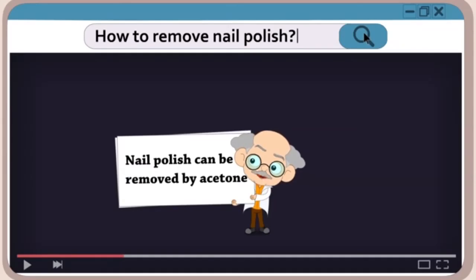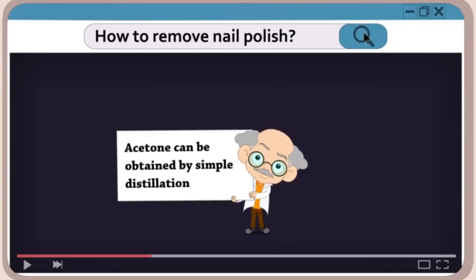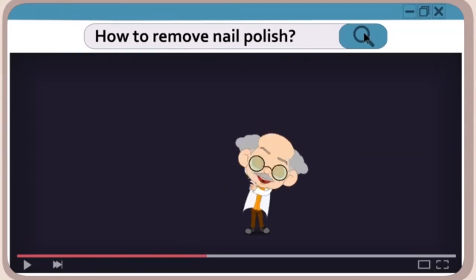Nail polish can be removed by acetone. Acetone can be obtained by simple distillation.